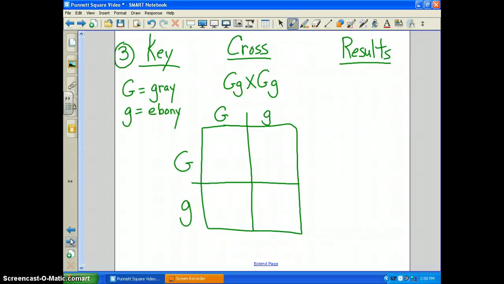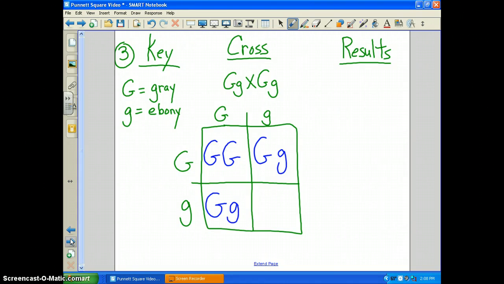Okay, so if I cross capital letter G with a capital letter G, I get 2 capital letter G's. If I cross the capital letter G with a lowercase g, I get 1 of each, capital letter and lowercase. If I cross capital letter G with lowercase g, I get capital letter G, and what's the other one going to be? James?